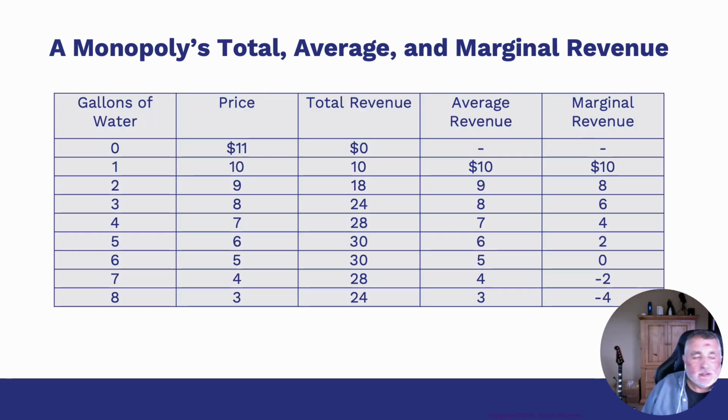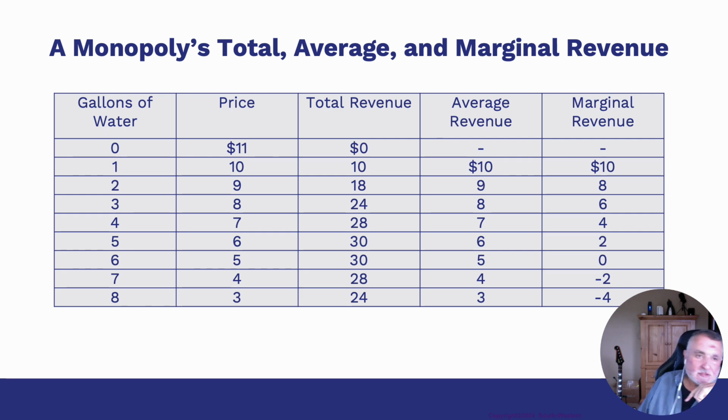Okay, so here is the monopolist's revenue table, and this will show us how the average revenue and marginal revenue separate as opposed to the PC where they stay the same. Okay, so here we come into Burning Man and we're selling gallons of water.